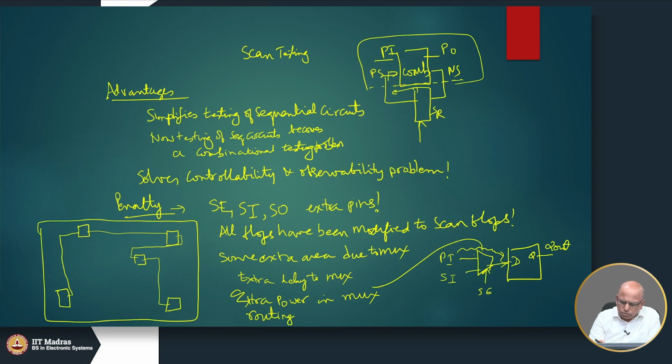Okay. So, and then finally, slow testing. Okay. It takes us n clock cycles, where n is the number of flip flops, plus 1 capture and then another n to shift out. Okay. So, the testing proceeds like this.